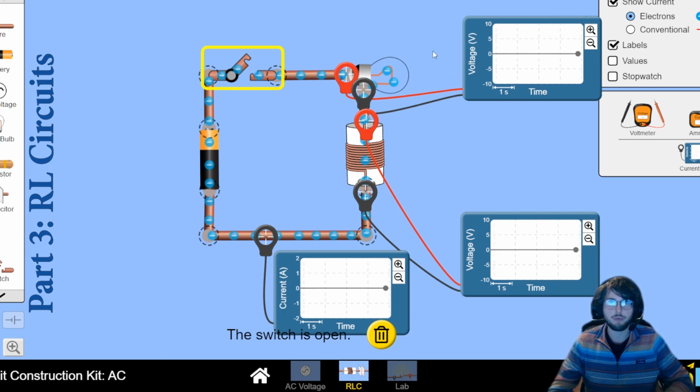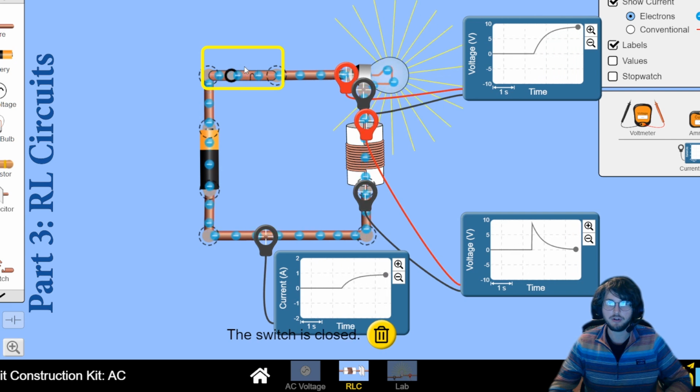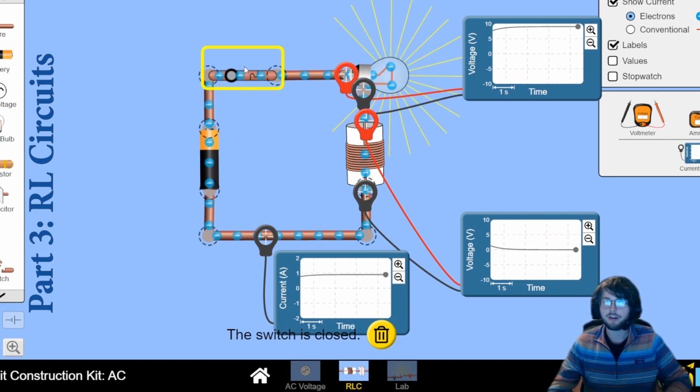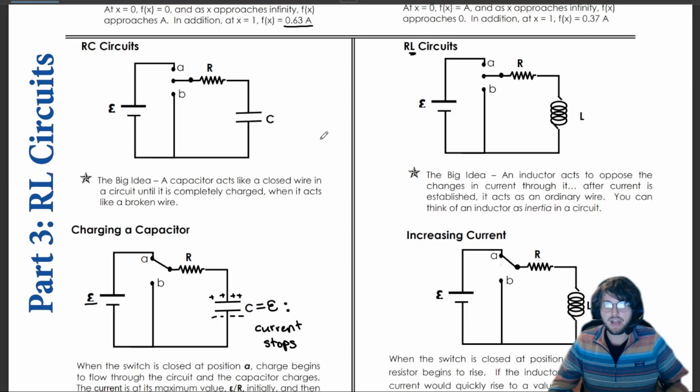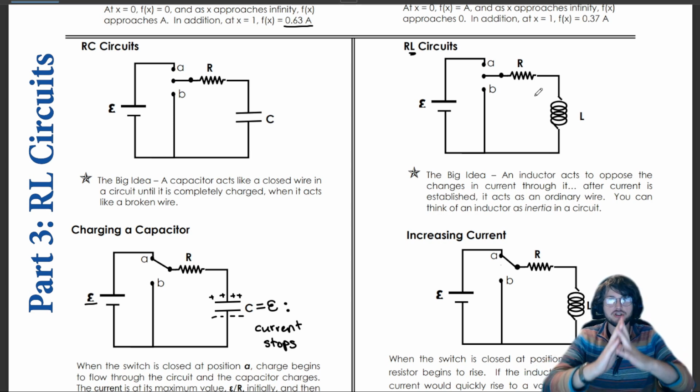We'll try this again, and watch the light bulb as kind of a visual cue. Okay, so notice how it takes a little bit of time. It's like a gradual process to build up the flow of charge to its maximum value. That's essentially what an inductor does. It takes a little bit of push for charges to move through.